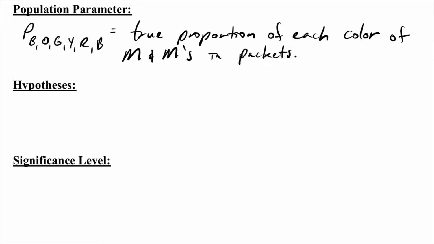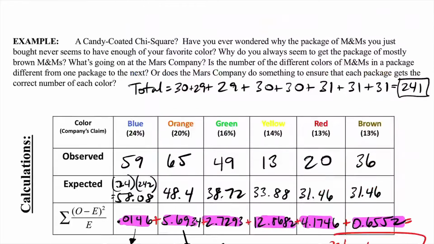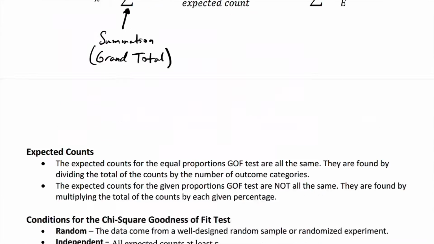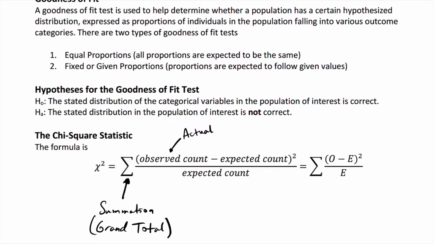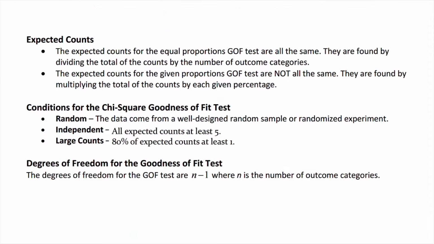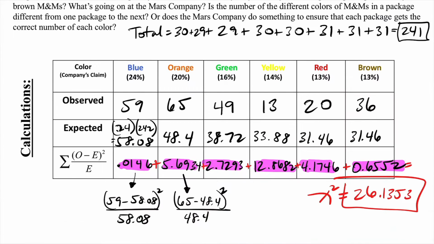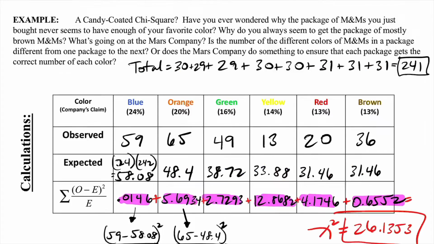Hypotheses. The thing about the hypotheses is it's going to be in words, but it's not very hard. If you go back to the beginning, let's look at the statements I gave you. The stated distribution is the table. That's the distribution. Distribution means multiple things happening.